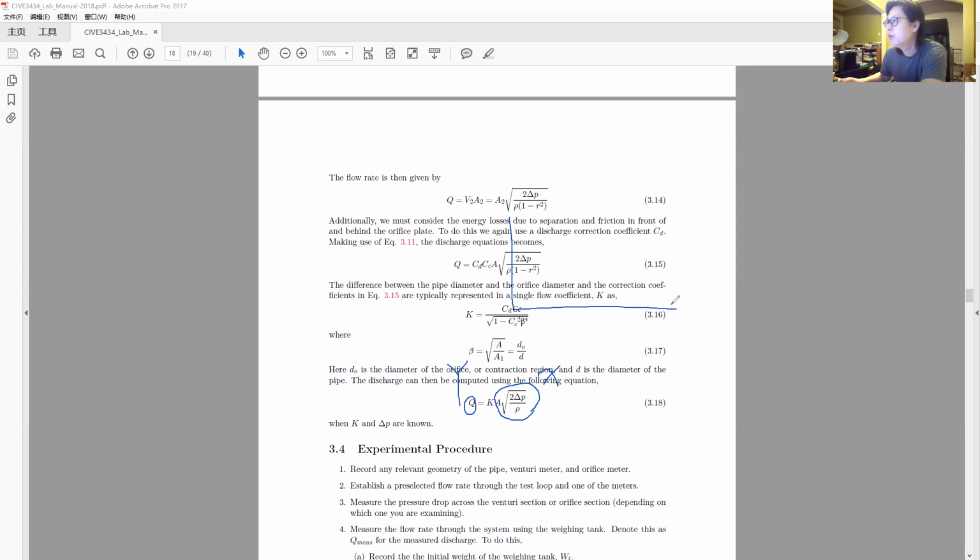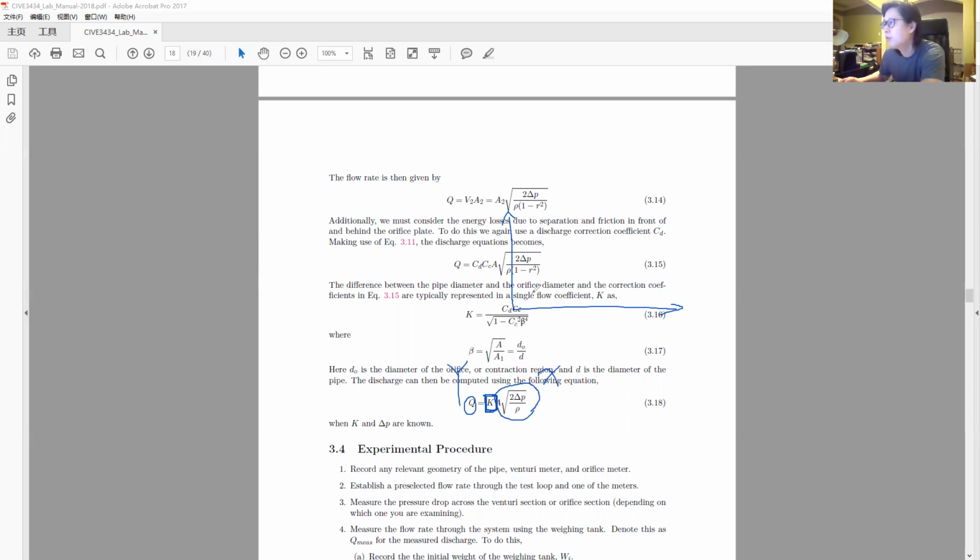Using the data, we can do another scatter plot, because we have a lot of delta P and a lot of corresponding measured Q. And the K here, it looks linear, right? It's a function of a straight line, right?